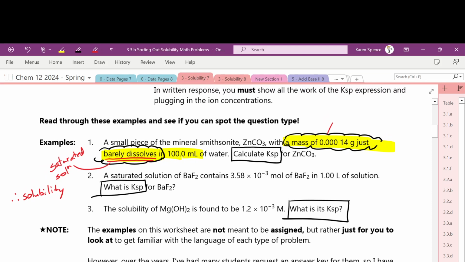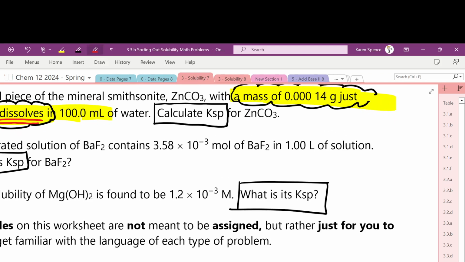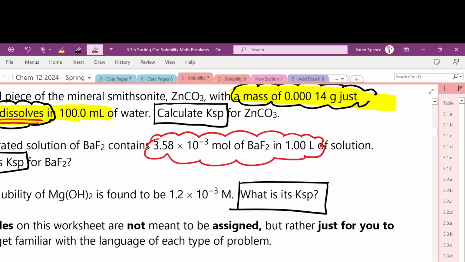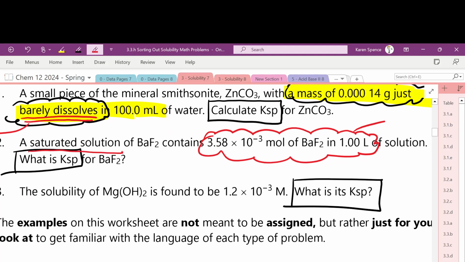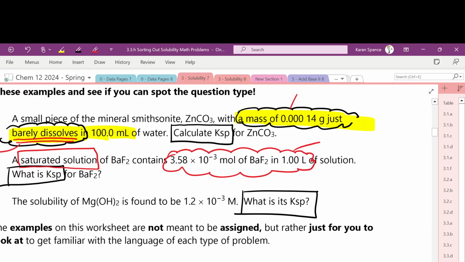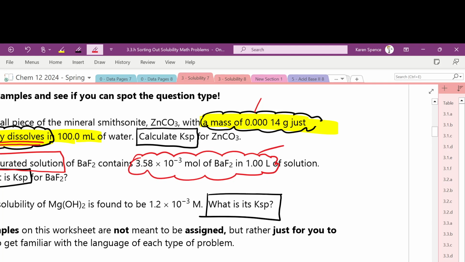In our next question, we have the moles in a liter. And it's a saturated solution. What do we call the moles per liter of a saturated solution? Solubility.